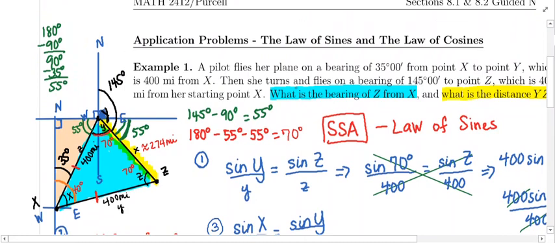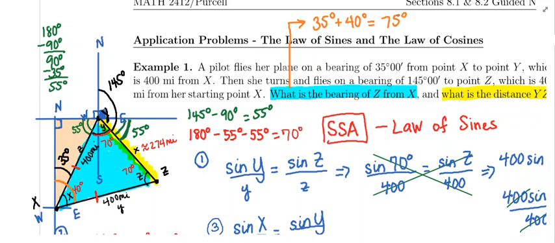It's actually really easy because if you look at this orange angle, it's made up of the 35-degree angle and the 40-degree angle. So all you have to do is add those two angles together, and that's going to be your bearing. It's 75 degrees. You don't have to give any directions here because if you look at the other two bearings, they have not been expressed in terms of directions.